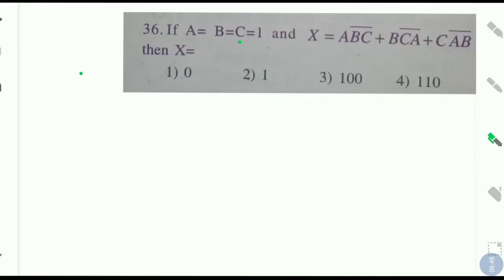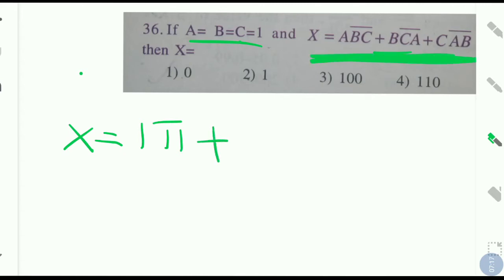A is equal to B is equal to C is equal to 1. Then given X is equal to A B C complement plus B C A complement plus C A B complement. Then X is equal to what? X is equal to, A is equal to 1, so 1 complement plus, from this X equation, 1 complement plus 1 complement.